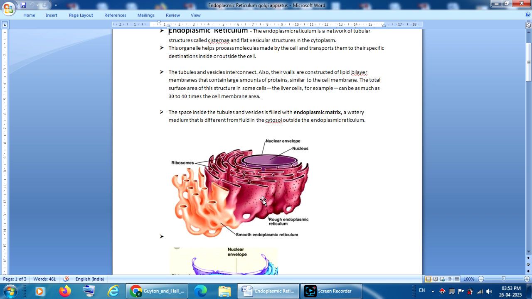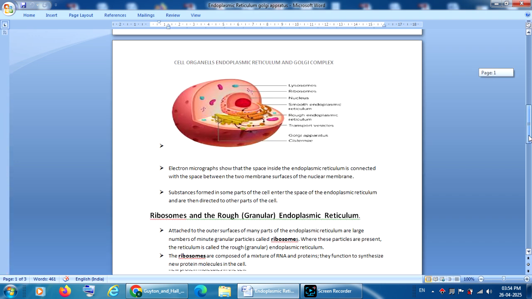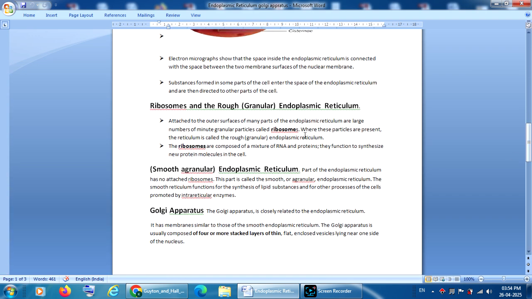The part of the endoplasmic reticulum where these particles are attached is called rough endoplasmic reticulum. And these minute granular particles are nothing but the ribosomes. The endoplasmic reticulum in that area is called rough endoplasmic reticulum, or also granular endoplasmic reticulum.